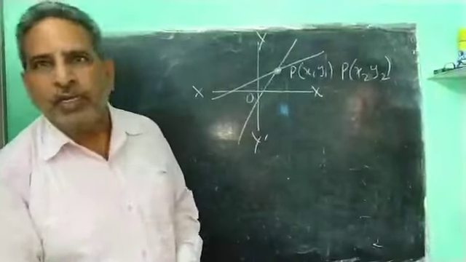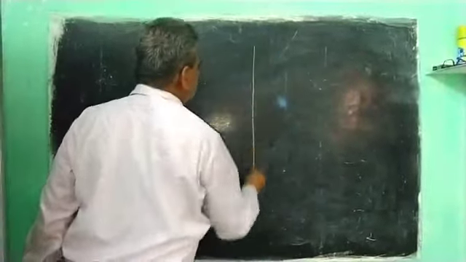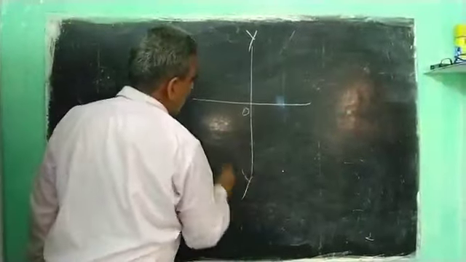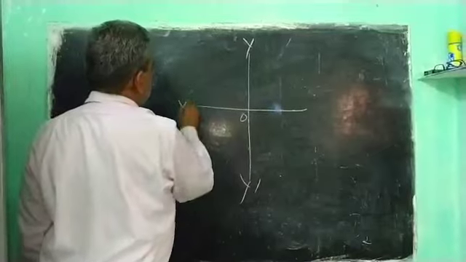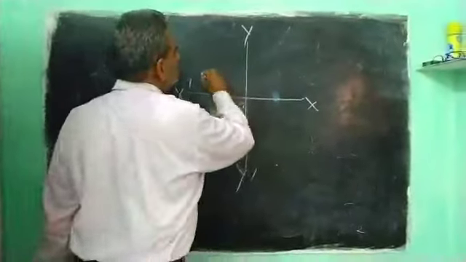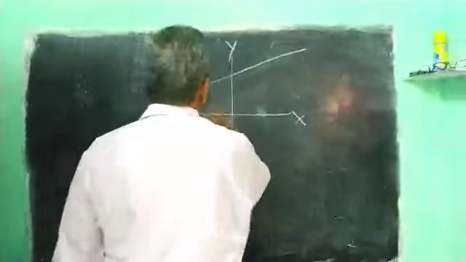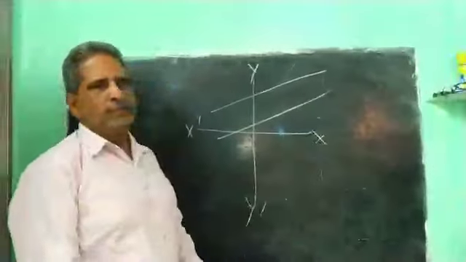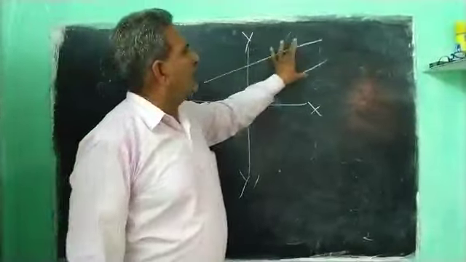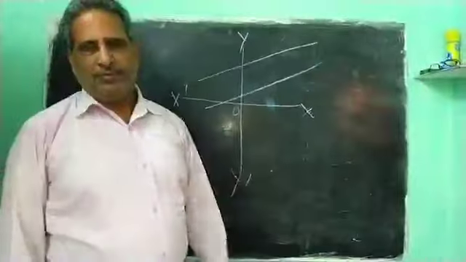Let us come to the second one. Again this is the graph, Y, O, Y dash, X dash, O, X. Suppose this type of graph comes. You can see here, these two lines are parallel.